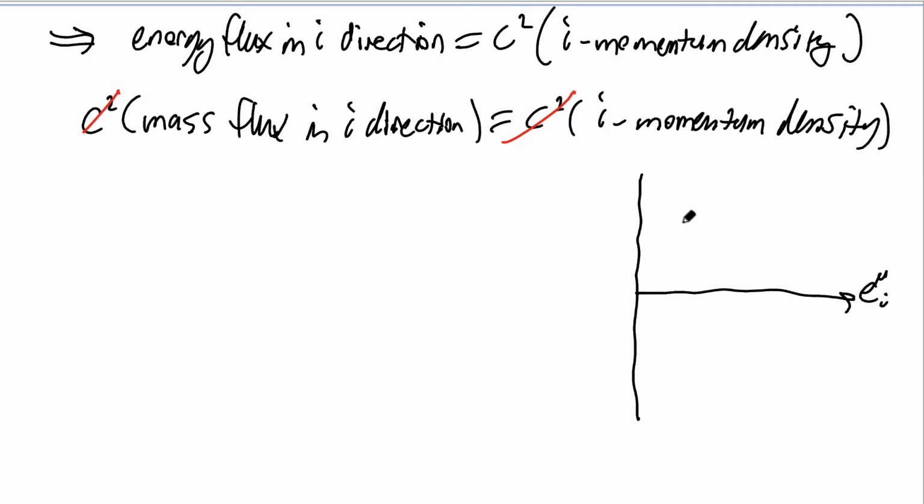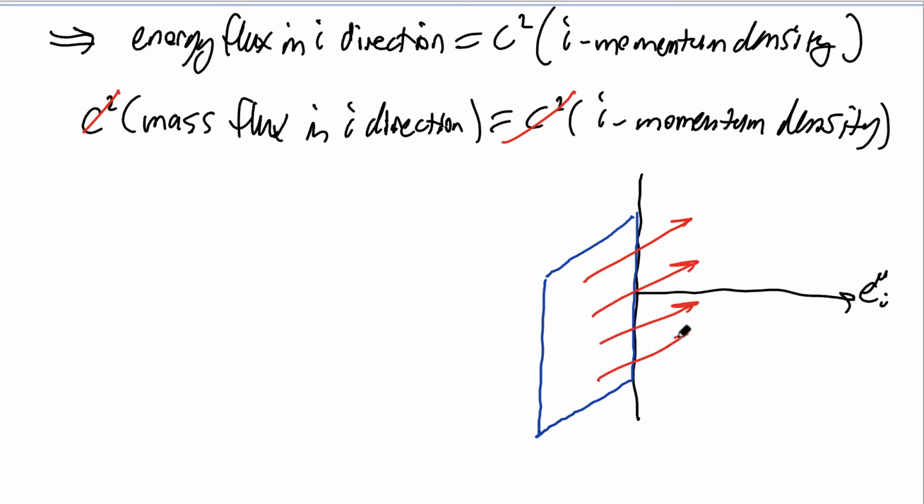And we have now some mass that's flowing across this surface. Let's say that all of the mass within this region flows across the surface in some time delta t. So here's the mass in this region flowing across this surface.